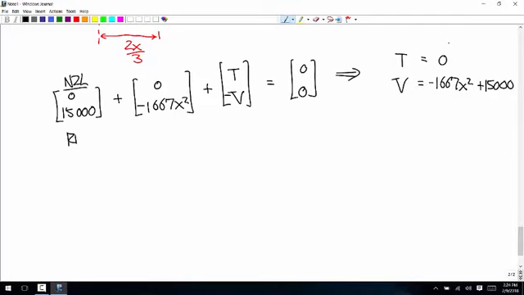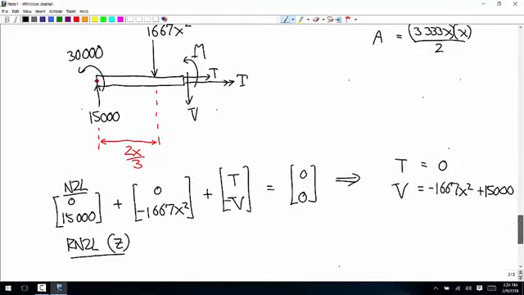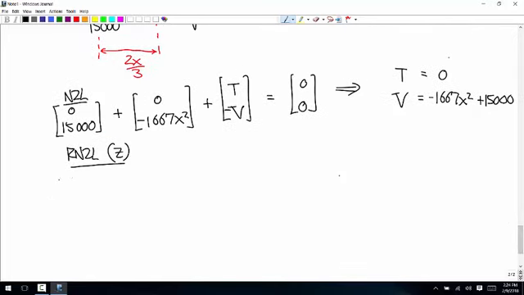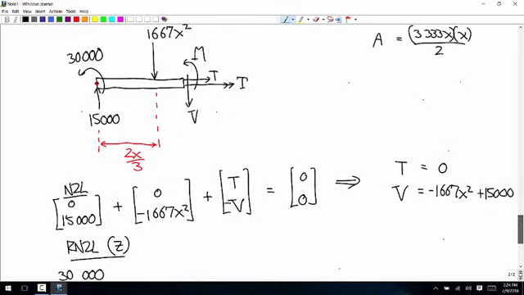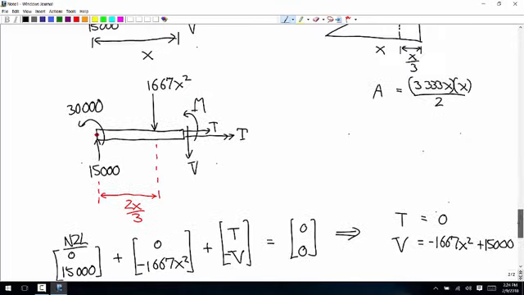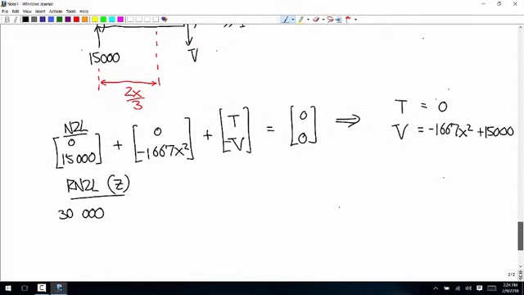And then the moment equation about the z-axis, we have the couple of positive 30,000, and we have the downward force of 1667x² with a moment arm of 2x over 3. Would that make it rotate clockwise or counterclockwise? Yep, clockwise.